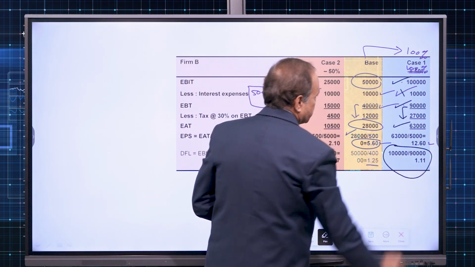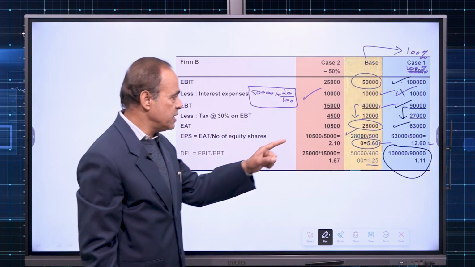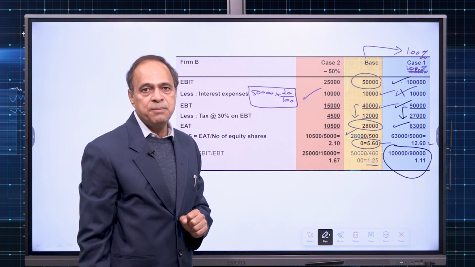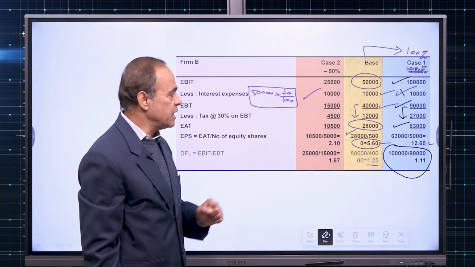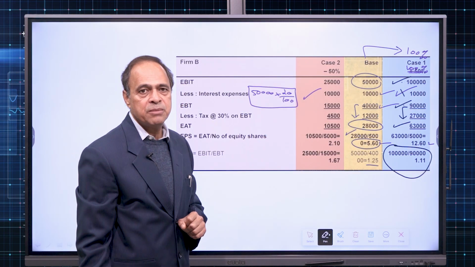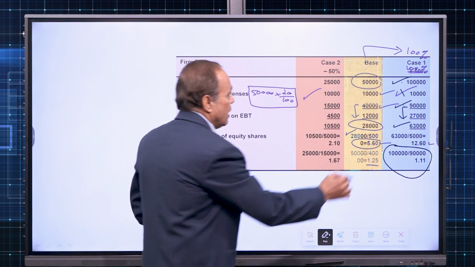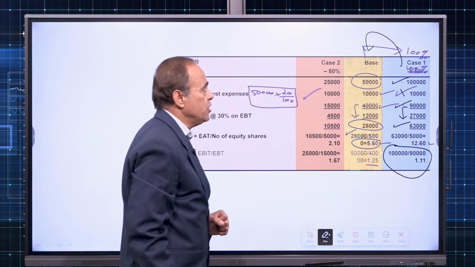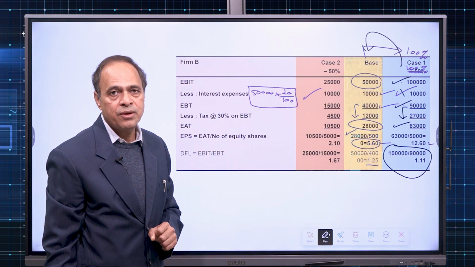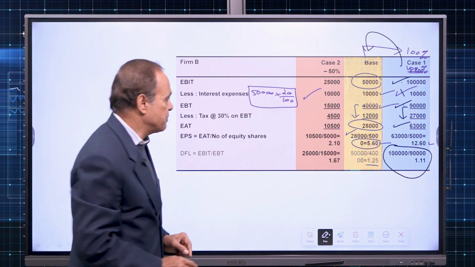So it comes like this, EBIT upon EBT. 1.11 means from this level, if EBIT changes by 1%, for every 1% change in EBIT, my EPS will change by 1.11%. And you can verify. From this level, by how much percentage has EBIT changed? From 1 lakh, we are coming down to 50,000, negative 50%.